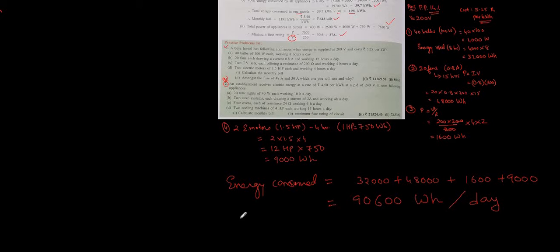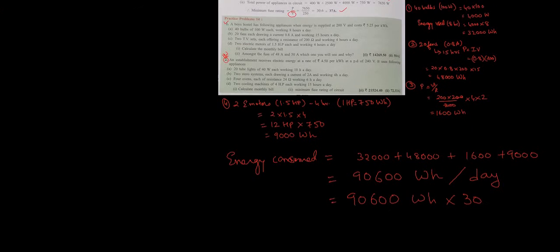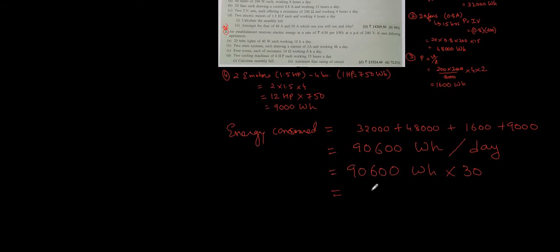Now for a month, 90,600 watt hour multiplied by 30, that is going to be 2718000 watt hour, converting into kilowatt hour, 2718 kilowatt hour.